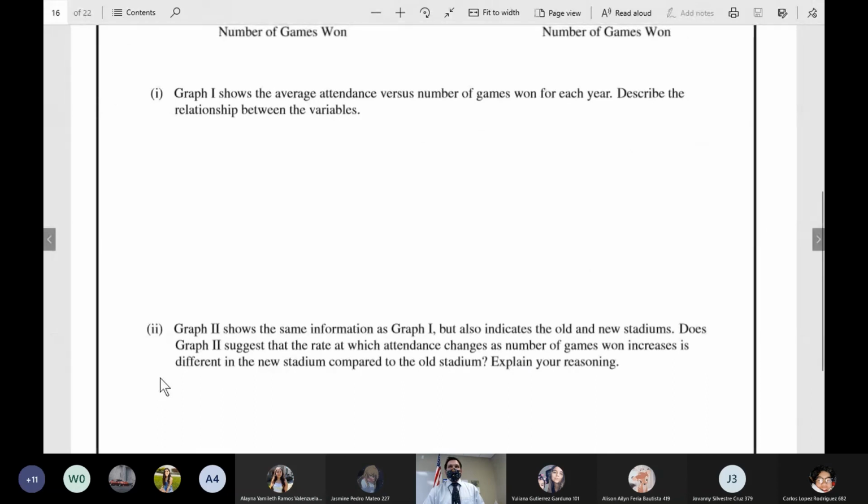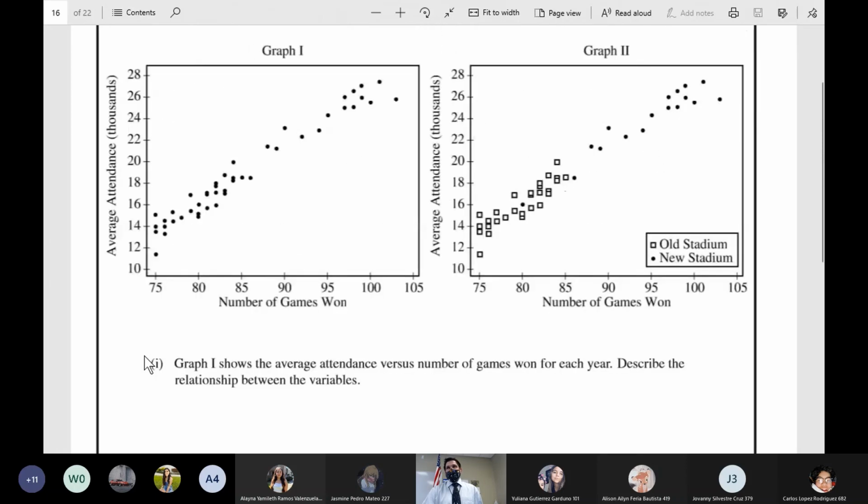Graph 2 shows the same information as graph 1, but also indicates the old and new stadiums. Does graph 2 suggest that the rate at which attendance changes as number of games won increases is different in the new stadium compared to the old stadium? Explain your reasoning.